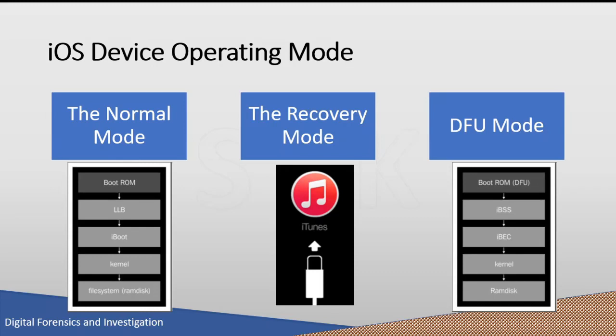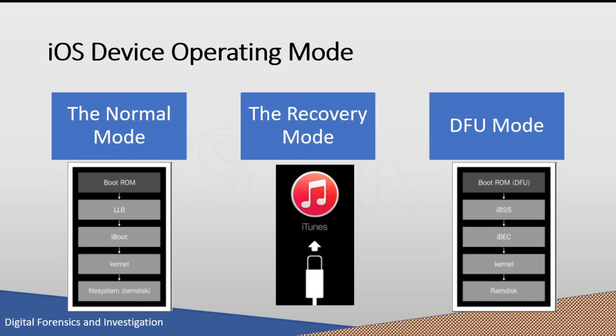In DFU mode, the boot ROM boots first, which verifies and runs the second stage bootloader, which is iBSS and iBEC. iBSS is a modified version of the iBoot that kicks off the iBEC loader and verifies and loads the kernel.